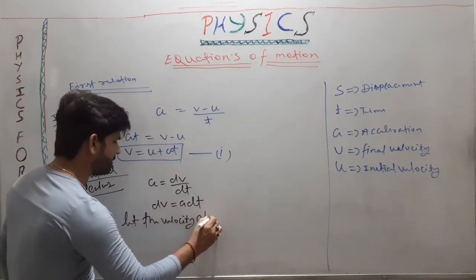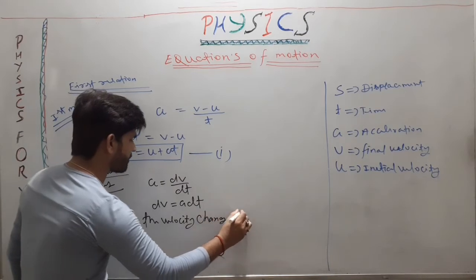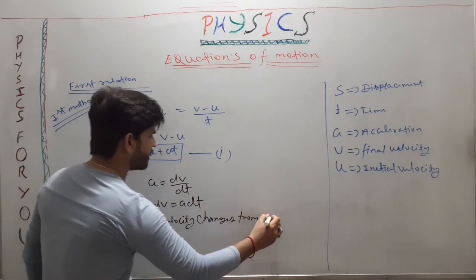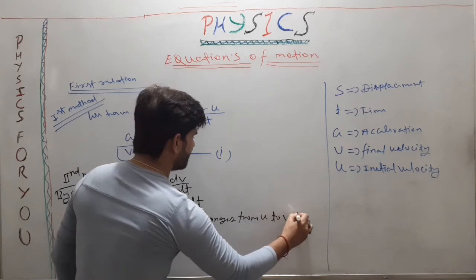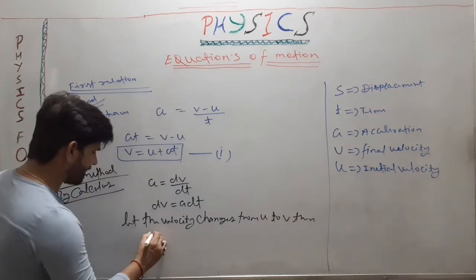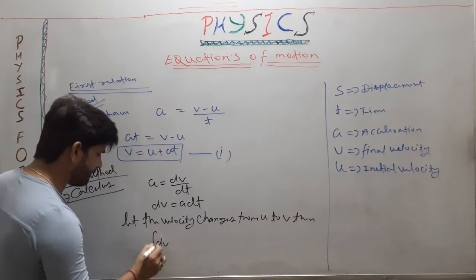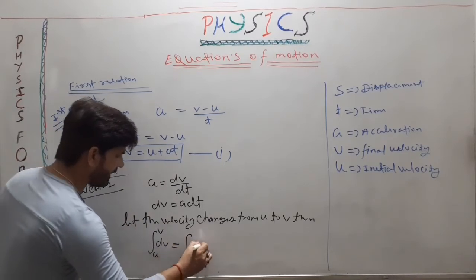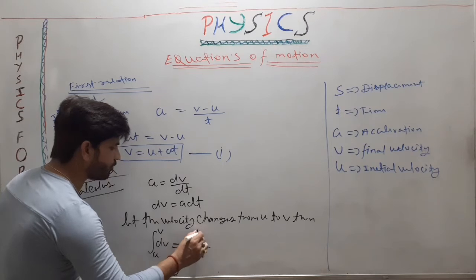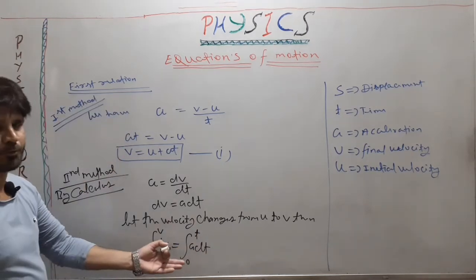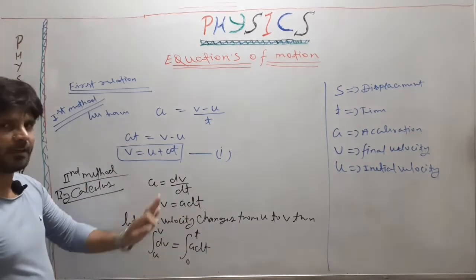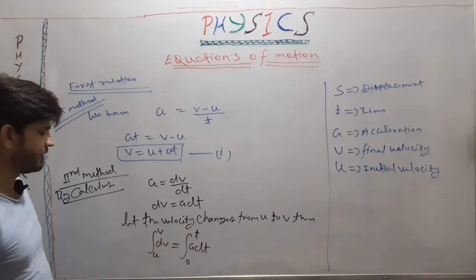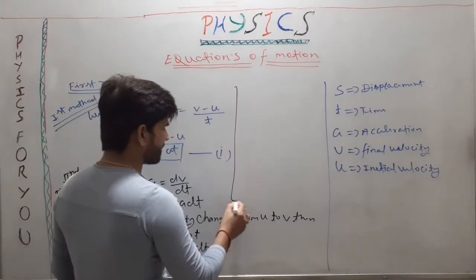On integrating, we have the integral of dv from u to v equals the integral of a dt. The time changes from 0 to t: 0 where the motion started, t where the motion finished. Now we can integrate it.